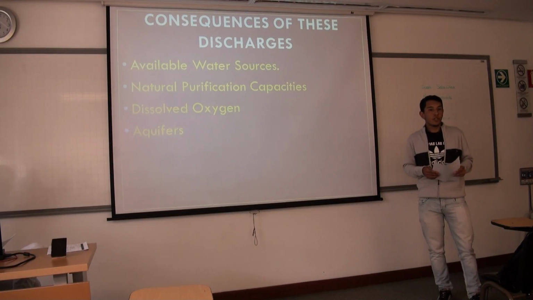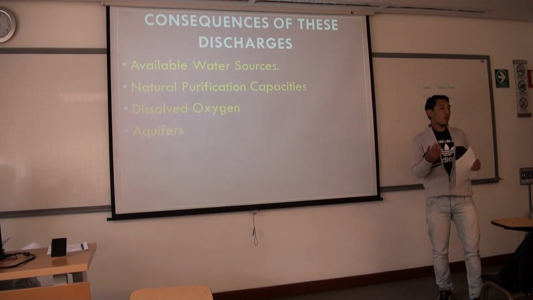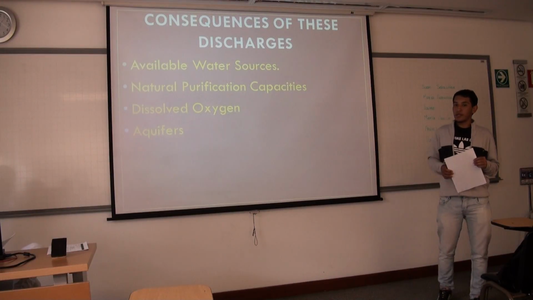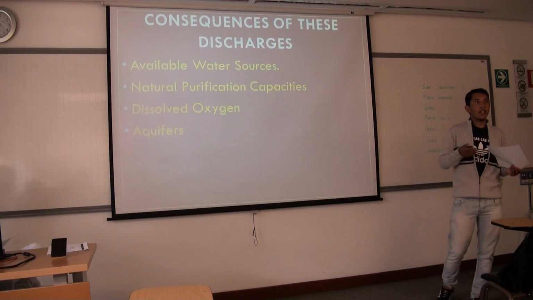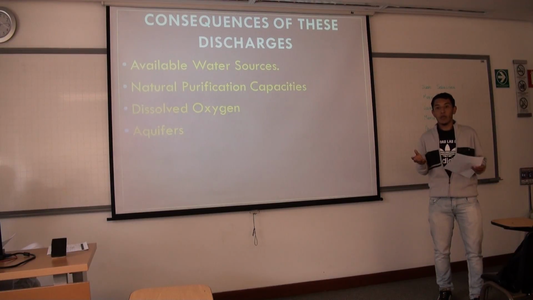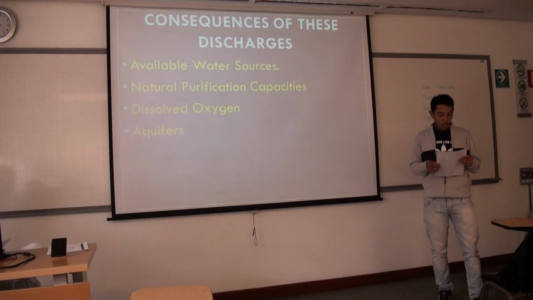Basically, the industry doesn't take this source as a way to get water. So these water sources aren't among the options the industry has to take water from this place.